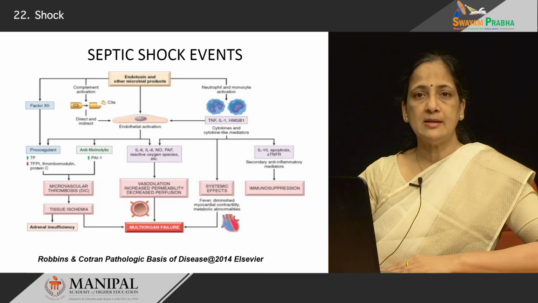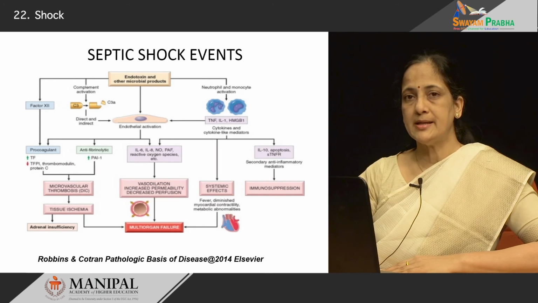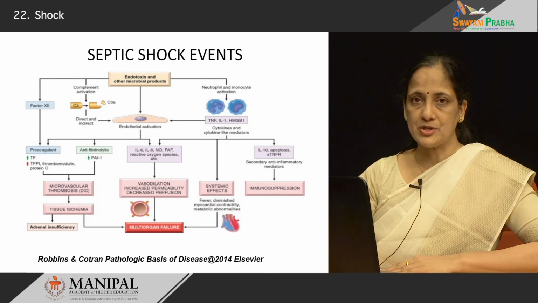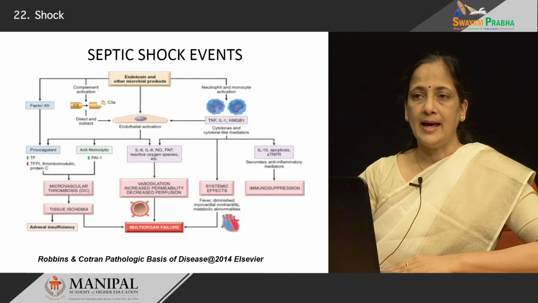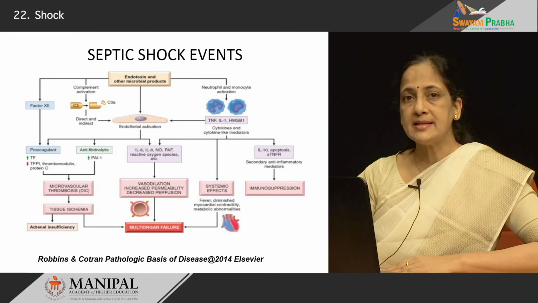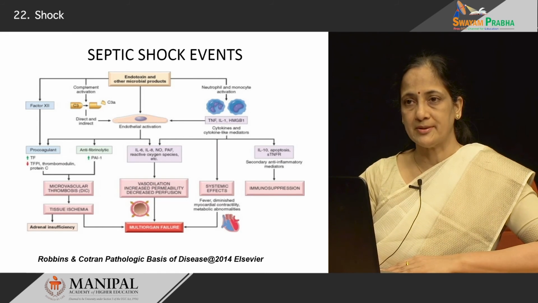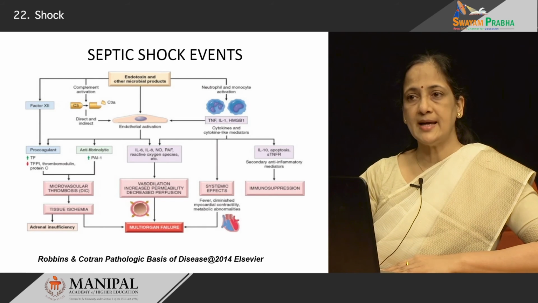So, the patients develop what is called disseminated intravascular coagulation. Complement cascade is activated, and this results in the various inflammatory actions that you have already learnt in the inflammation chapter. It activates the endothelium, it induces vasodilatation, and it increases the vascular permeability.